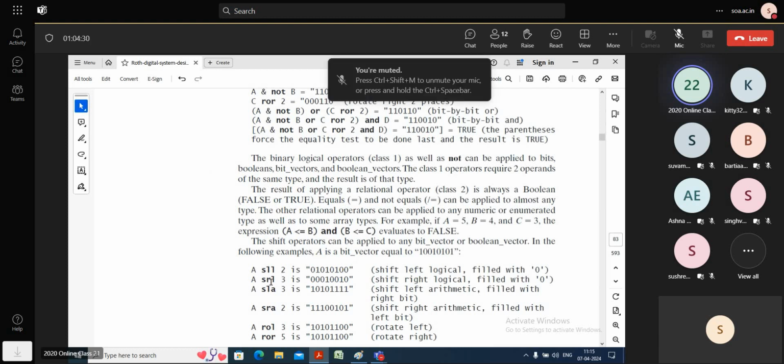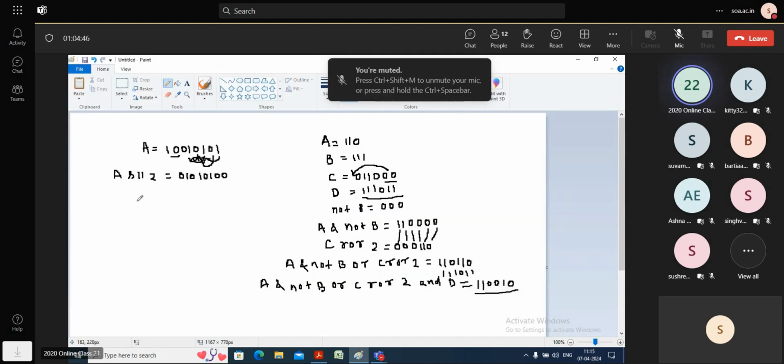Similarly, a SRL 3. SRL stands for shift right logical, filled with 0. It will be shifted towards the right by 3 positions, so the rightmost 3 bits will go away.